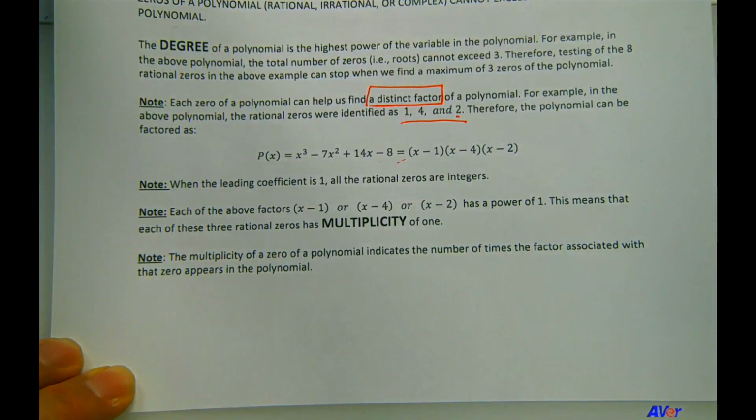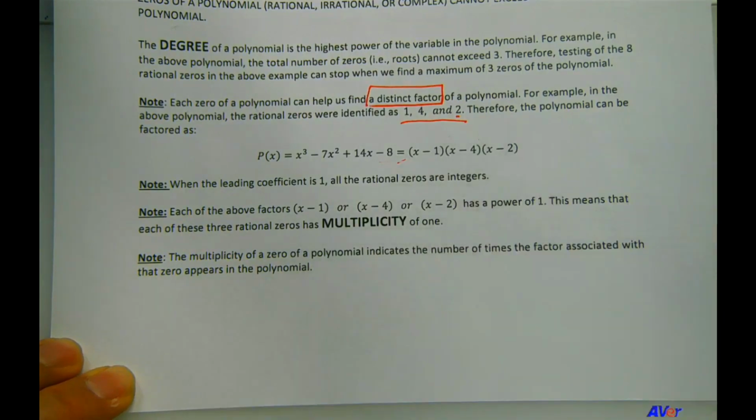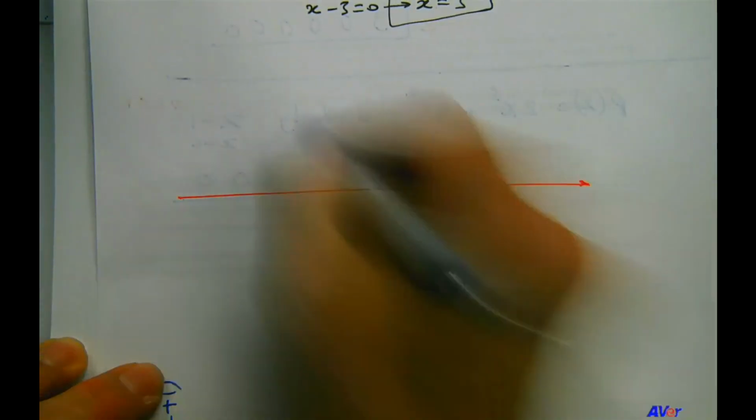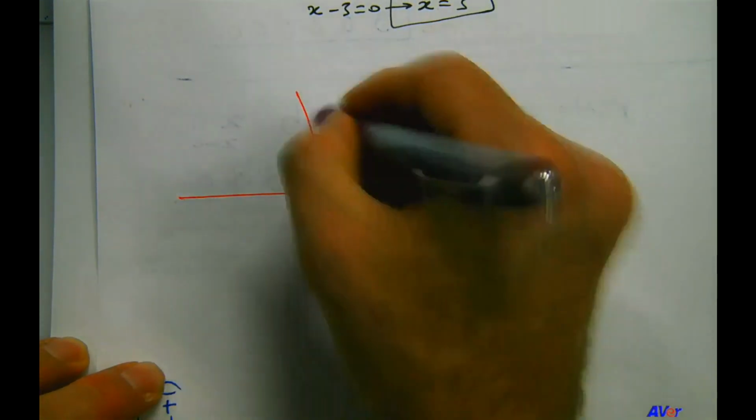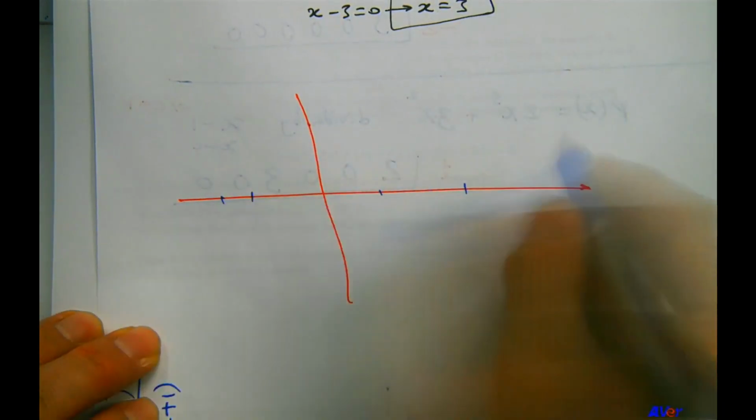If any of these factors had an even power, then the multiplicity would be even, which means at that x value, the graph of the polynomial will not cross the x-axis, but will touch the x-axis and bounce back to the same side. We talked about what that means. I'm going to do a quick sketch.